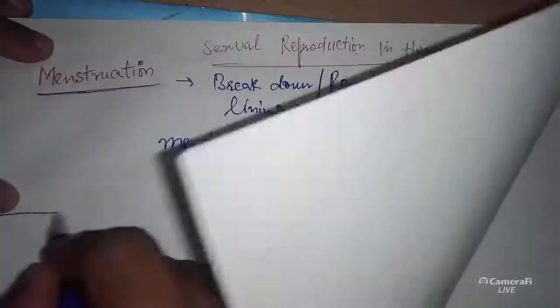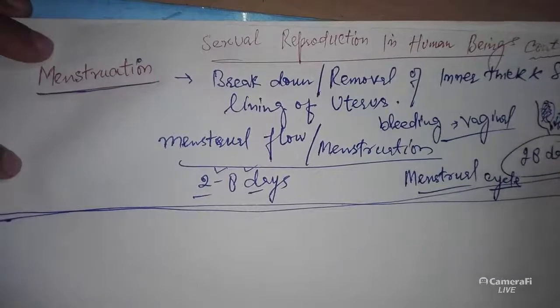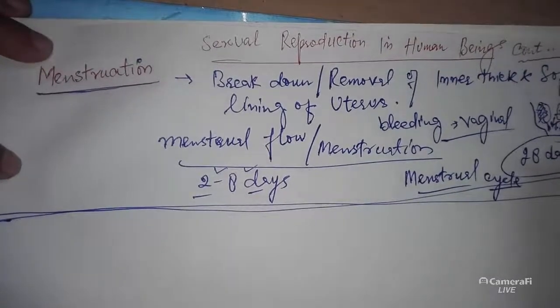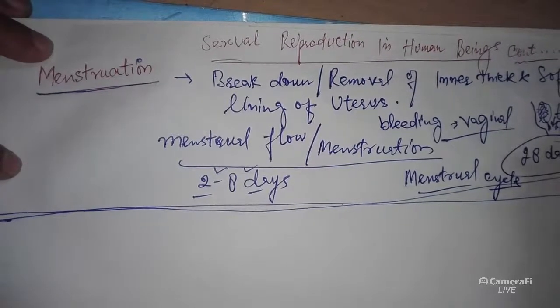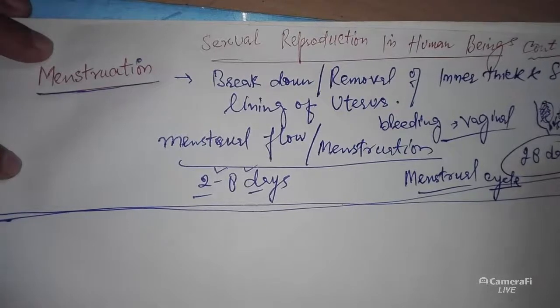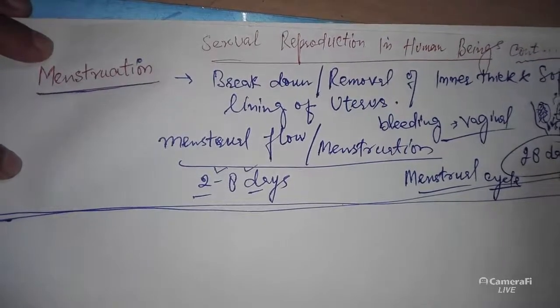So this was all about menstruation. What actually happens in menstruation? If the mature egg released from the ovaries into the fallopian tube is not fertilized because the sperm does not come, the egg will be diffused out.